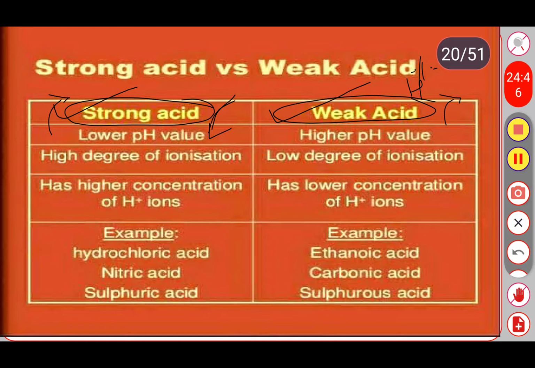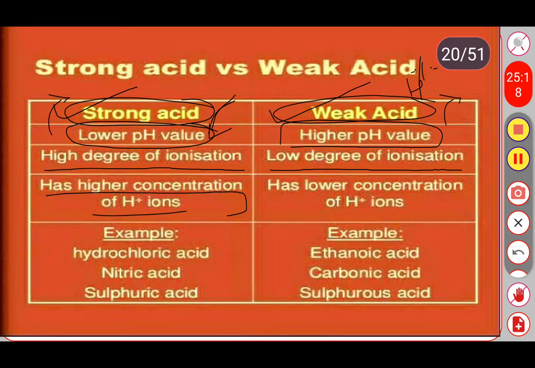So see here, some differences are there. A strong acid has a very low pH value, whereas weak acids have a higher pH value. The second difference is that strong acids have a high degree of ionization, while weak acids have a low degree of ionization. Next, strong acids have a higher concentration of H plus ions, which means they release the maximum hydrogen ions.